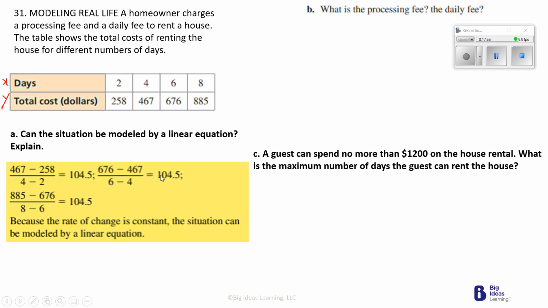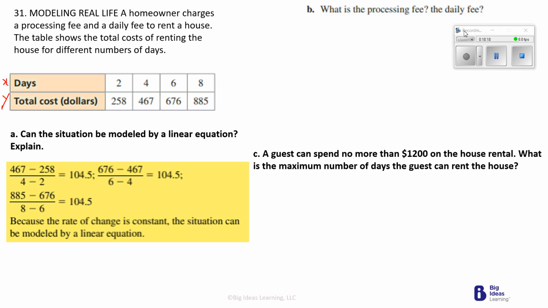Again, this is going to give me 209 divided by 2, which is 104.5. Lastly, I'll take 885 minus 676 and take 8 minus 6, which is 2. Again, this is going to give me 209 divided by 2, which gives me 104.5. Because the rate of change is constant, this can be modeled by a linear equation.